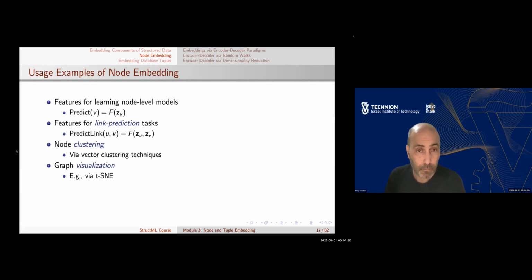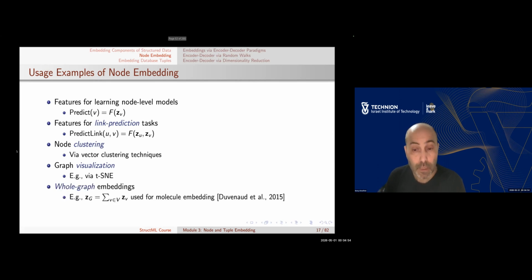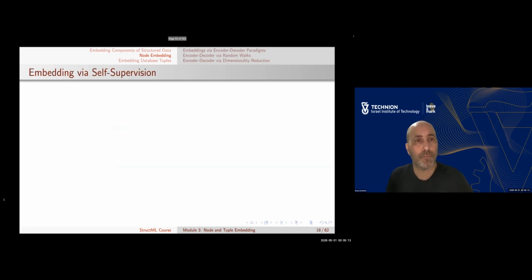We'll see more examples in this part. Some techniques use the node embeddings to come up with an embedding of the entire graph. For example, in molecule embedding, you can take a sum or an average of the individual embeddings of the nodes. So that's another use.